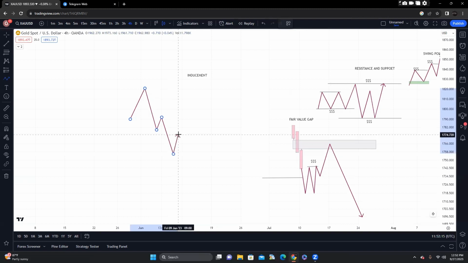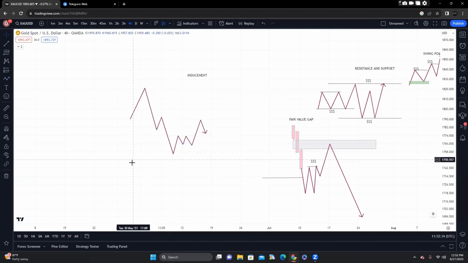You have, let's say, liquidity resting here, here, here, here. Okay, now I'm going to use this first to start before I continue drawing it. We'll draw it in different ways. So now this can also be a form of inducement right here.